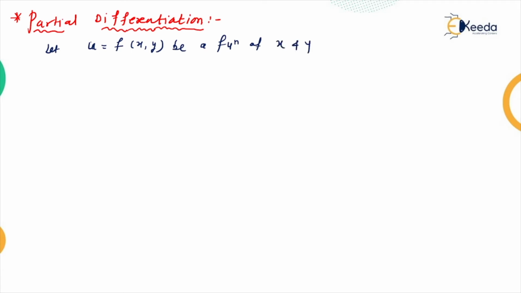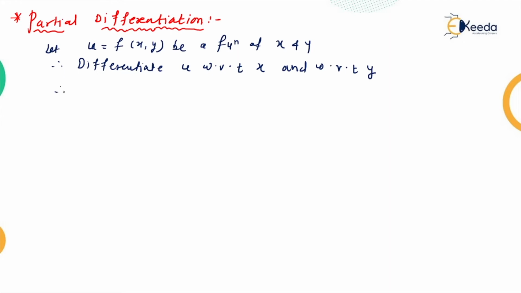Therefore we have to differentiate u with respect to x, and also with respect to y. If u is a function of two variables, then we differentiate u with respect to x and with respect to y.